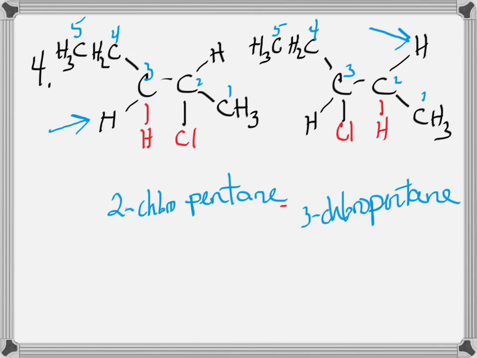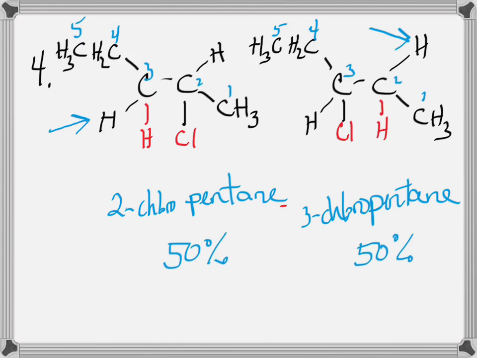Therefore, the hydrogen in hydrogen chloride equally attaches to both just as easy. And so what that means is neither structure is preferred over the other. And so if you look at the products of this reaction, about 50% will be in the 3-chloropentane form, and you could estimate that 50% would be in the 2-chloropentane form.